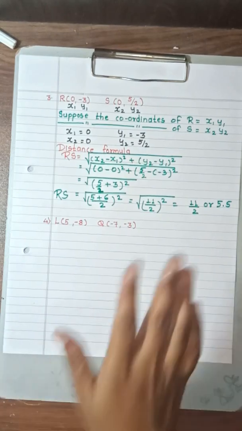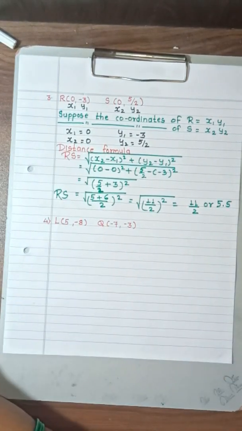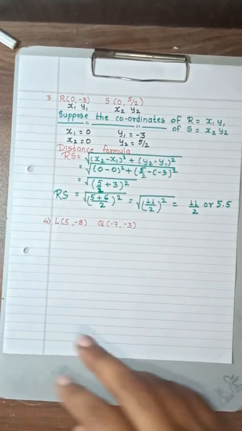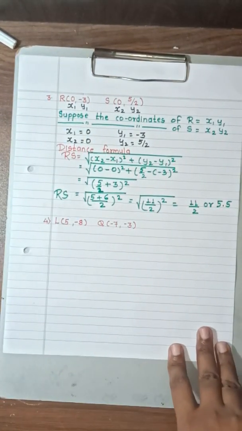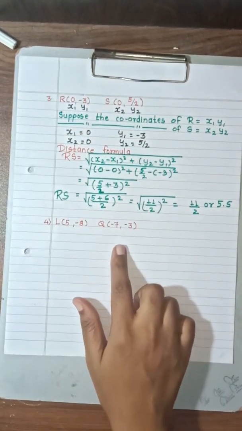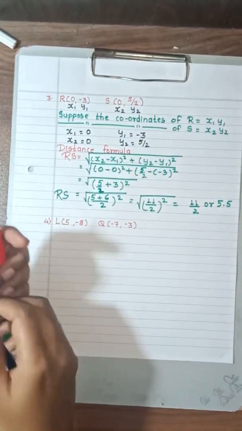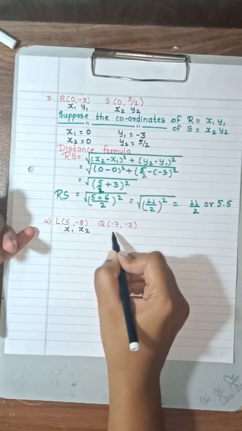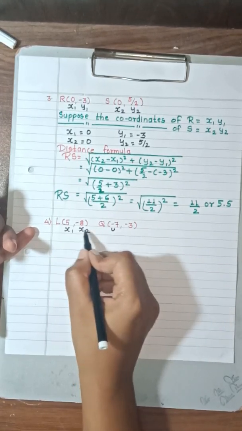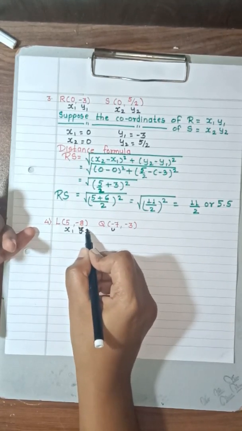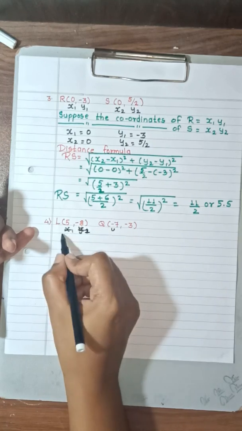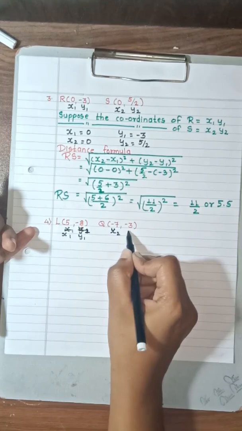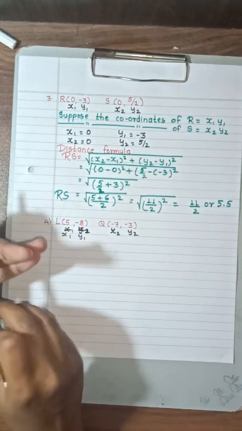Now let us move on towards the fourth question of question number 1. In that, L is (5, -8), and Q is (-7, -3). Now we'll name it as x1 y1 x2 y2.